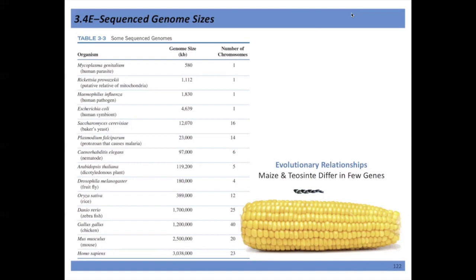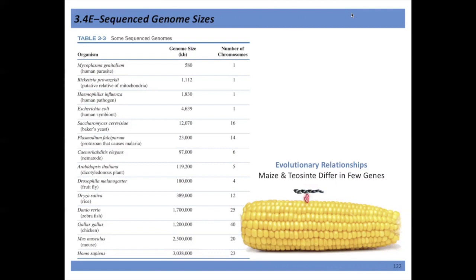Some of the interesting things that you can find out when you start sequencing DNA is the relationship between different organisms. Oh, I looked up how to pronounce this. I'm not very good with Spanish, but, oh, I just murdered that. Maize. I can say maize. And this other one.